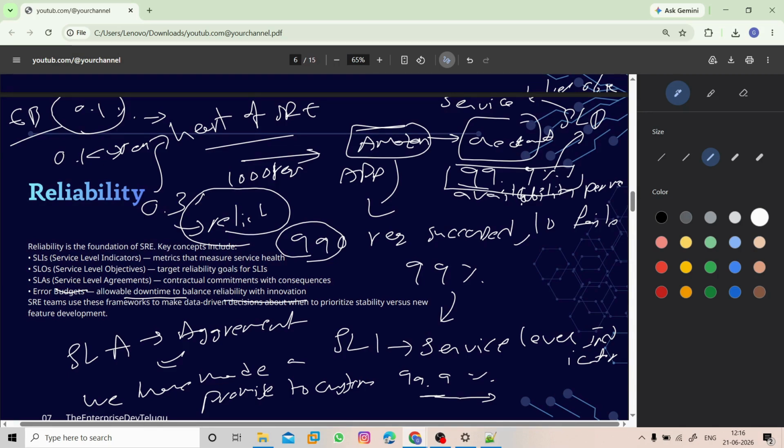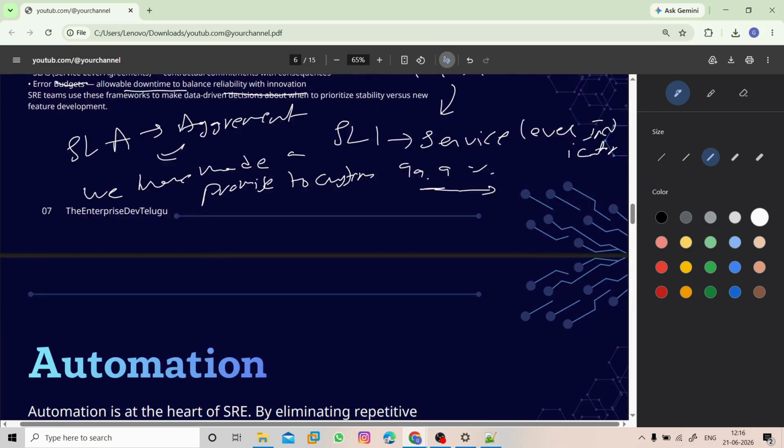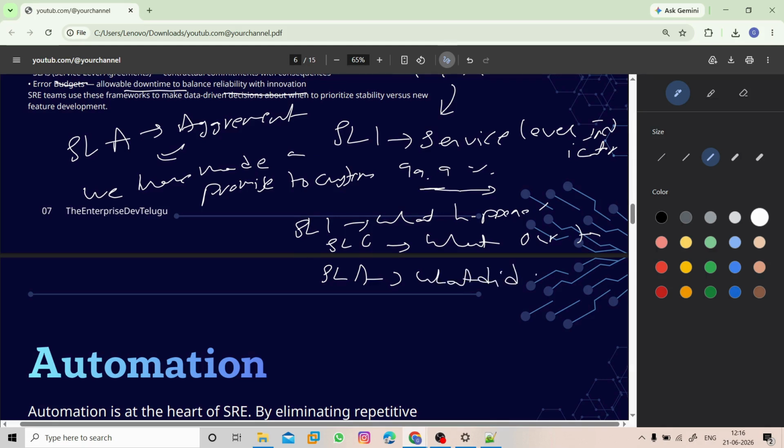So the basic thing here: SLI is what happened. SLO is what is our target. SLA is what did we promise.